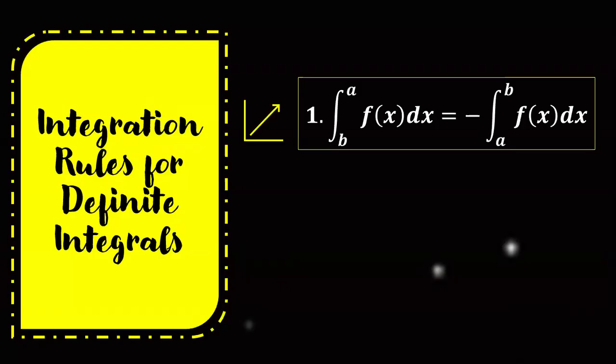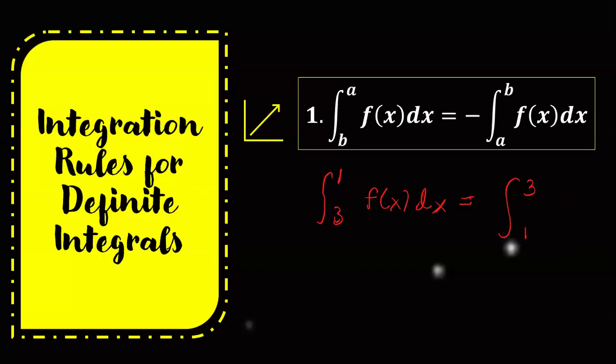Let's have this rule. Usually your b should always be greater than a. Always remember that because b is the upper limit while a is the lower limit. So in case you have 1 and 3, or whatever function you have, there is something wrong because it should be an integral from 1 to 3, not 3 to 1.